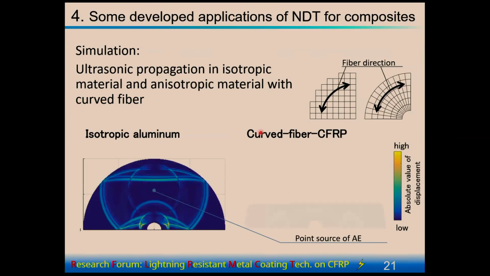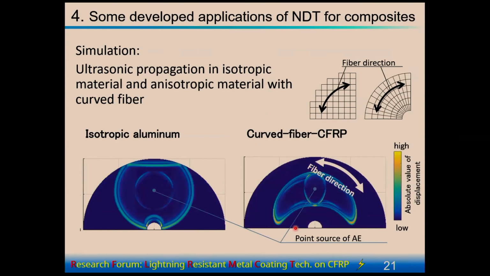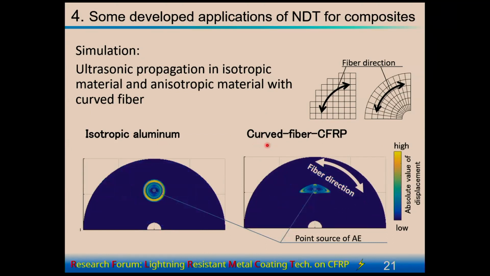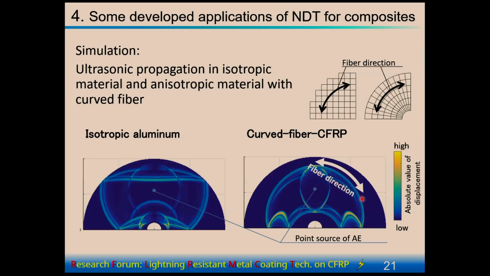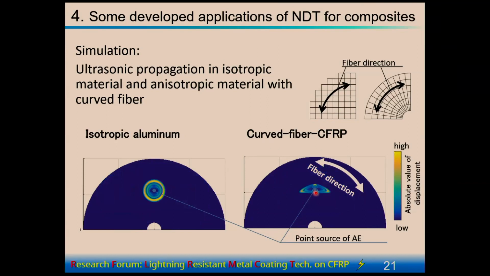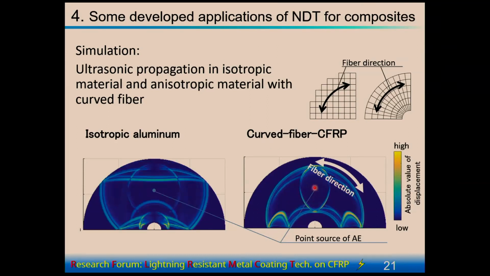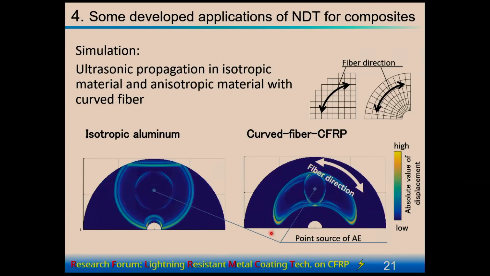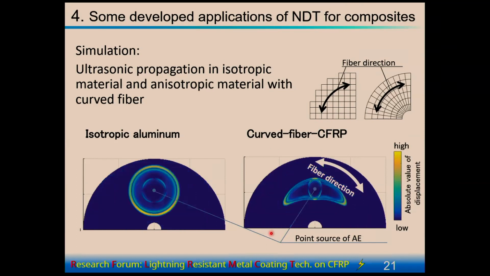But we found that if there are carbon fibers, like curved fibers along these curvatures, then you can see that when ultrasonic is generated here, it propagates along the carbon fibers. So it's like light in fiber optics.